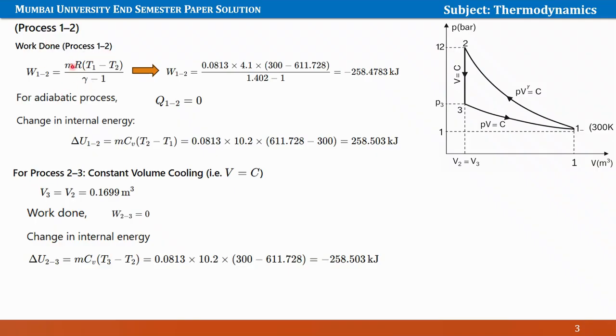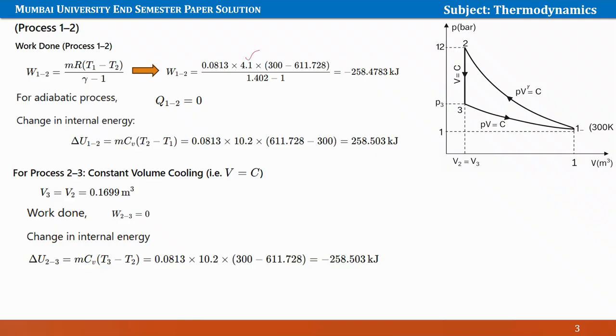As it is an adiabatic compression process, we have this formula for the work done, where m is the mass of gas, R is the gas constant, the temperature difference during the process 1 to 2, divided by gamma minus 1. So put the values. Mass is known to us, in the previous slide we have calculated that. Then this is the gas constant.